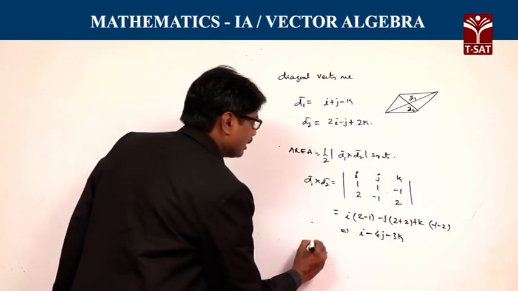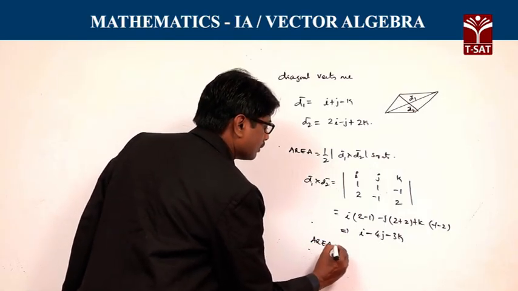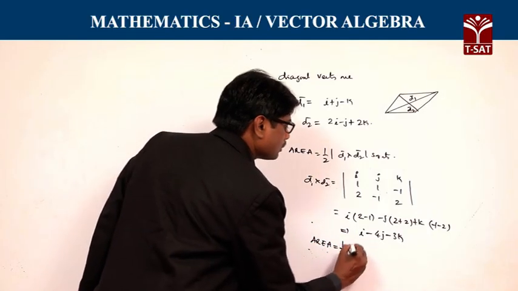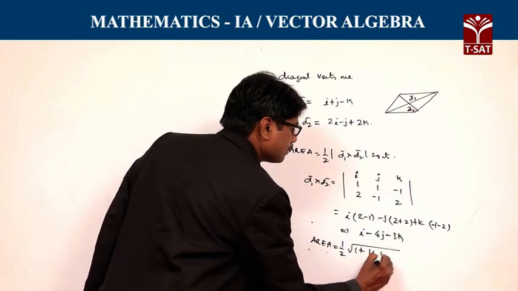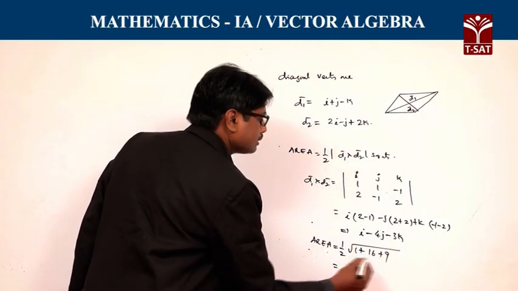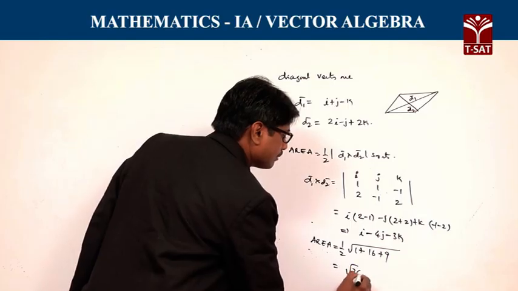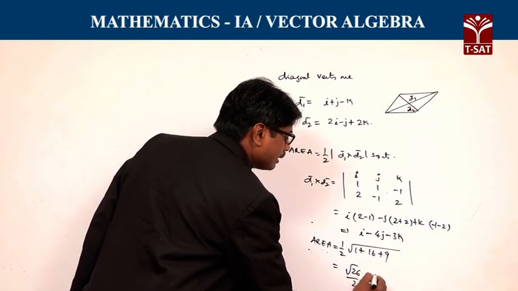Therefore, the area of the parallelogram will be equal to 1 by 2 times root over 1 plus 16 plus 9, and that is root 26 divided by 2 square units.